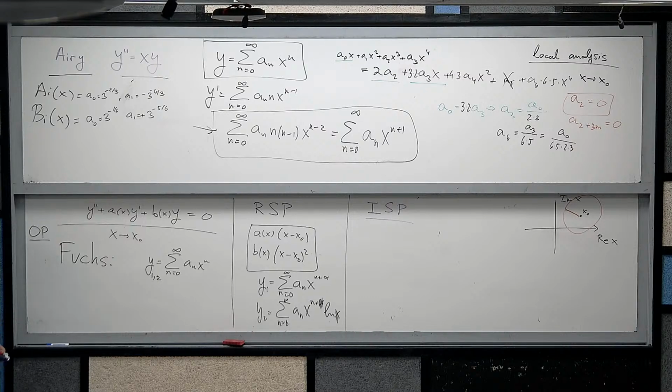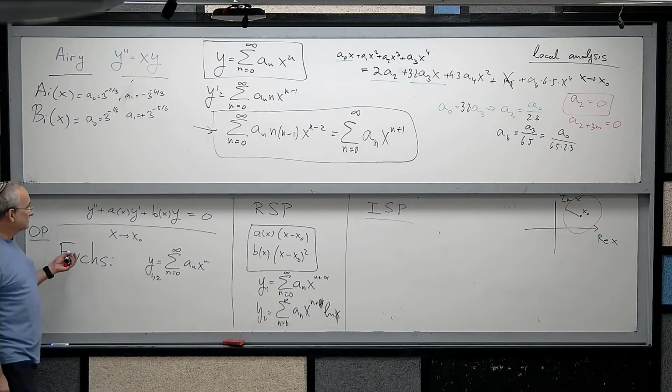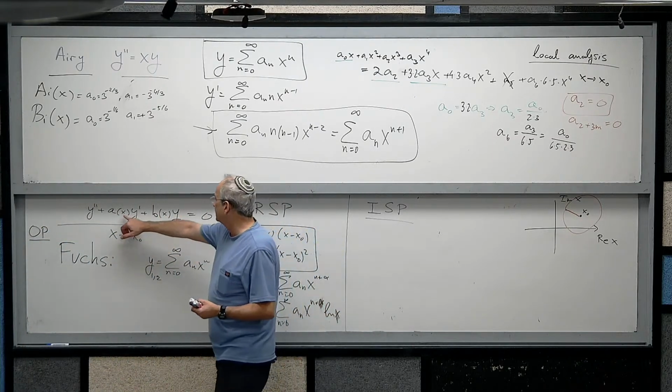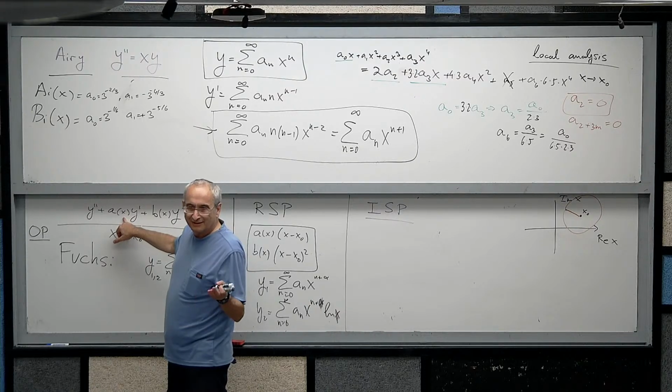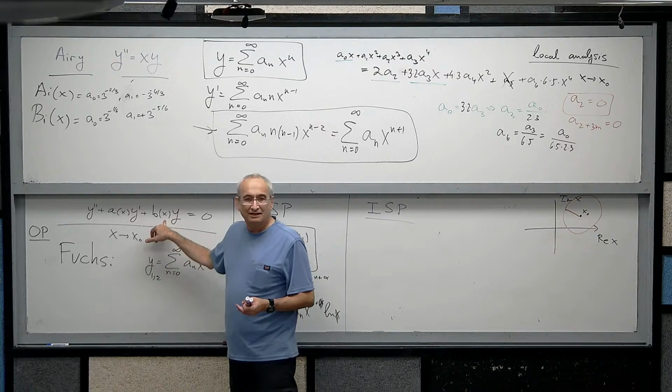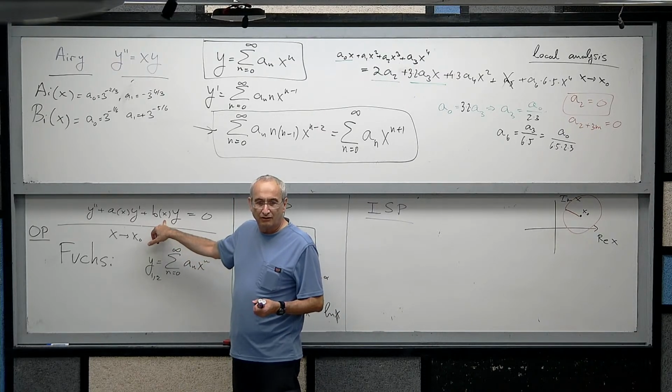Now, what about the Airy function, the Airy equation? Which point? So we say that in every finite x, right? x is an entire function. So in every finite x, a of x is 0, and it's analytic everywhere, and b of x is x, and it's analytic everywhere also.